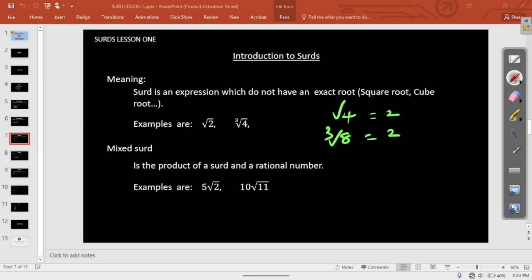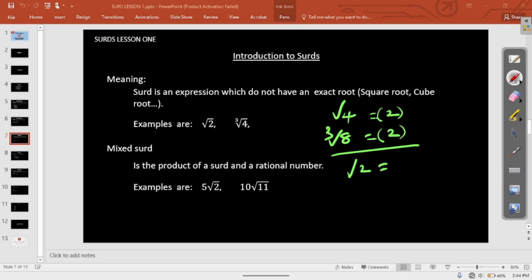So in every case we are getting a whole number as our answer, and that is a rational number. But now when you try to get the square root of a number like 2, you find that it is not a rational number. It is not an exact root.